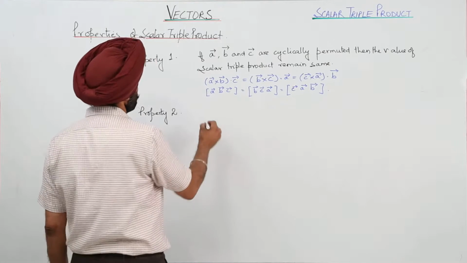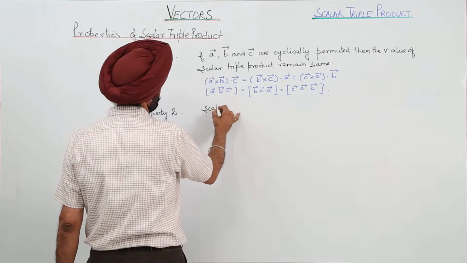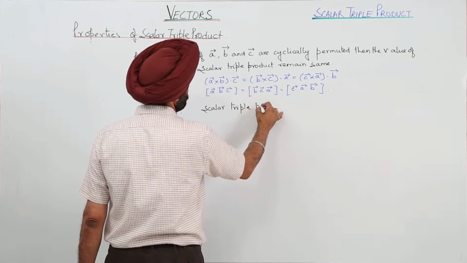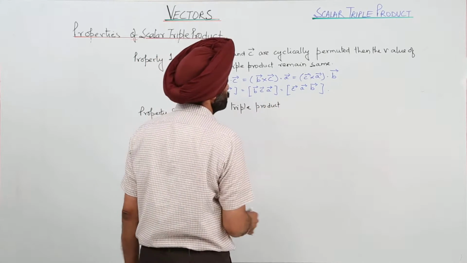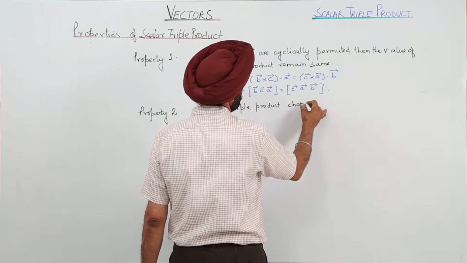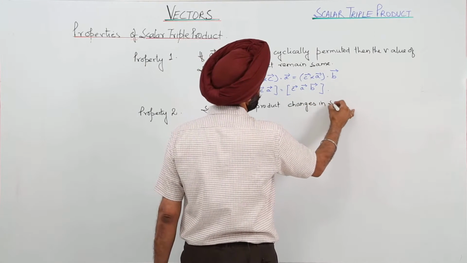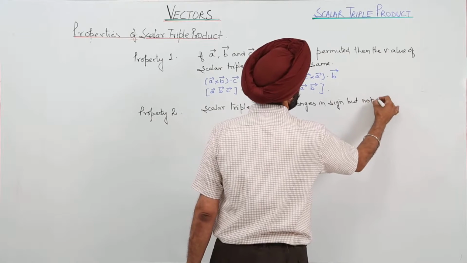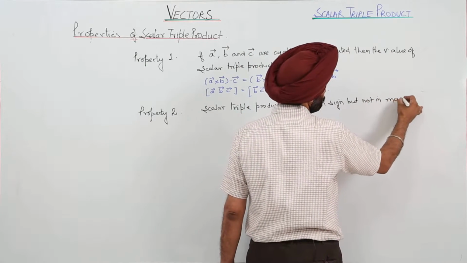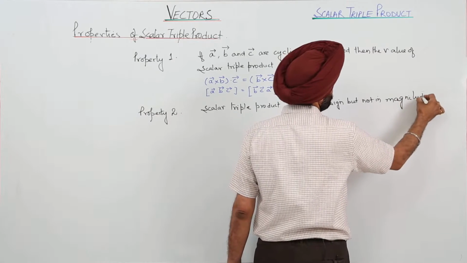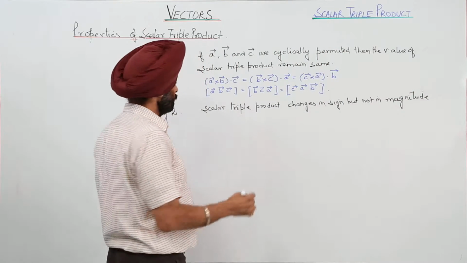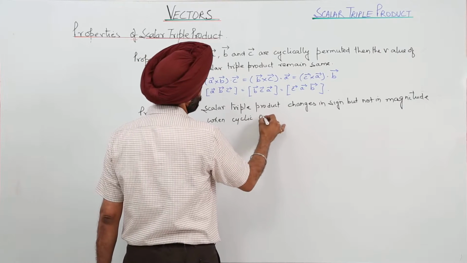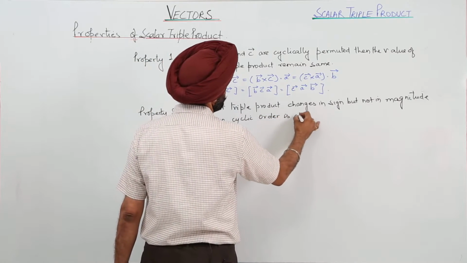Property 2. Now, scalar triple product changes in sign but not in magnitude when cyclic order is changed.